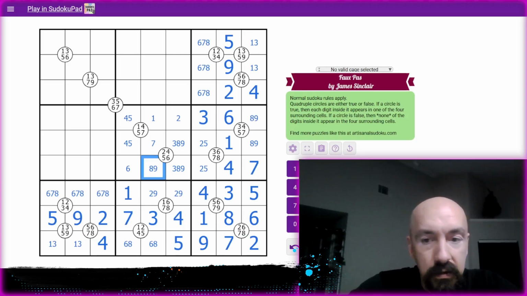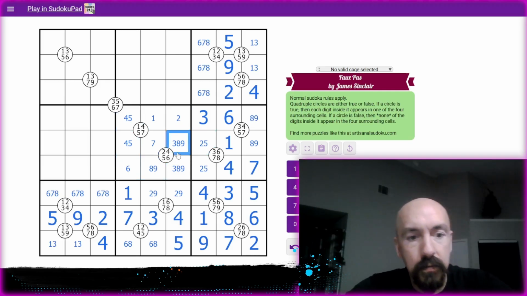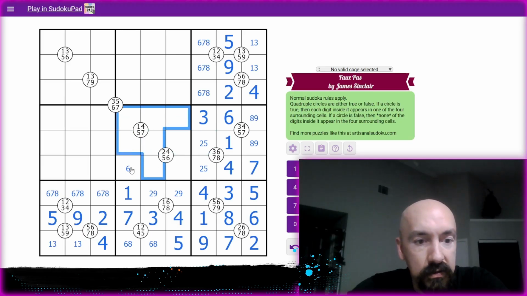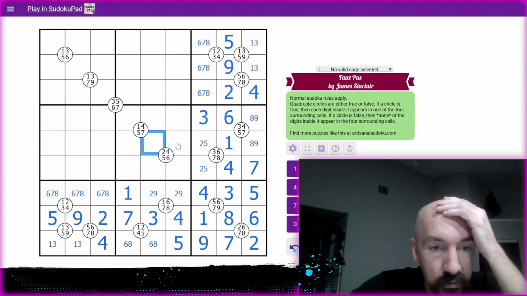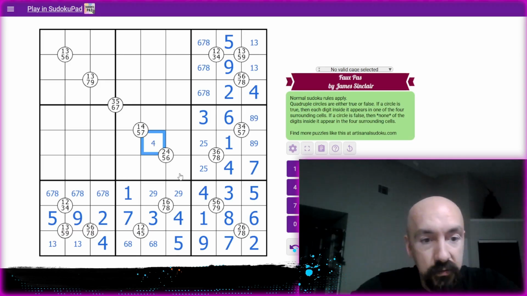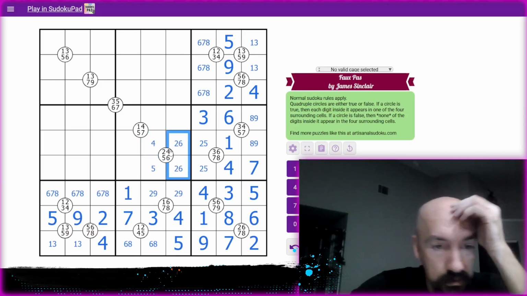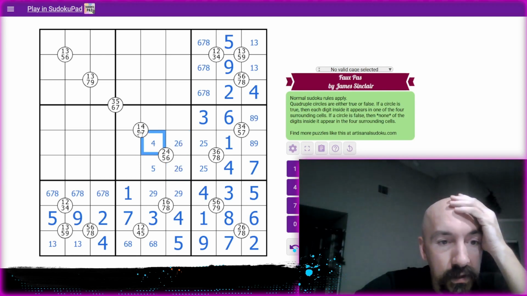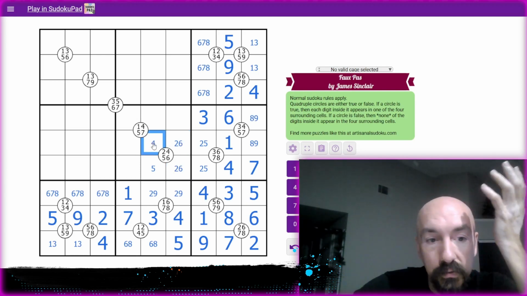Okay, let's see what 2, 4, 5, 6 says. Man, I cannot highlight these boxes today. Okay, so if 2, 4, 5, 6 is the only true, this would be a 4. That would be a 5. Then this is a 2, 6. No, that can't be true. This cannot be true.